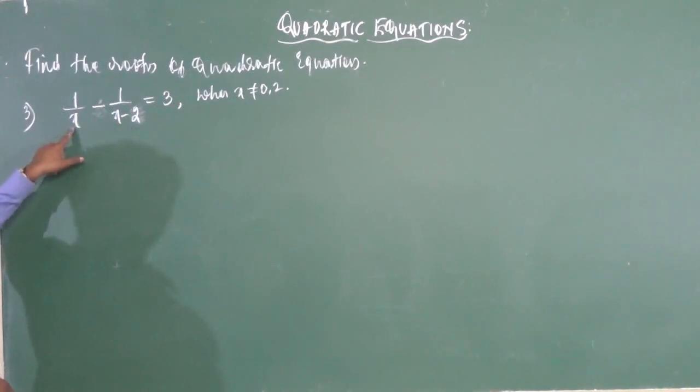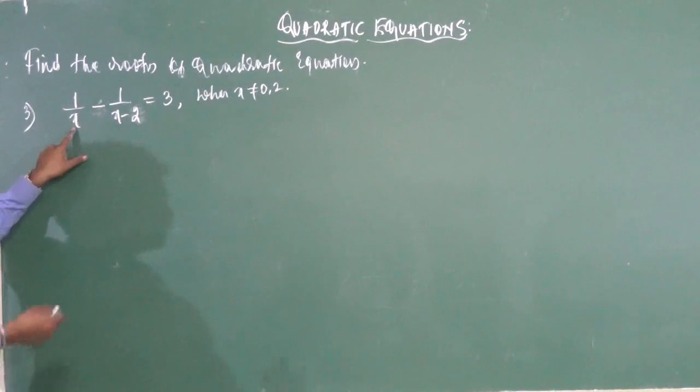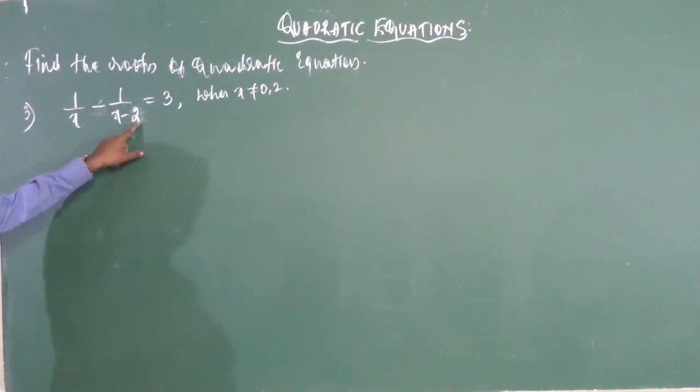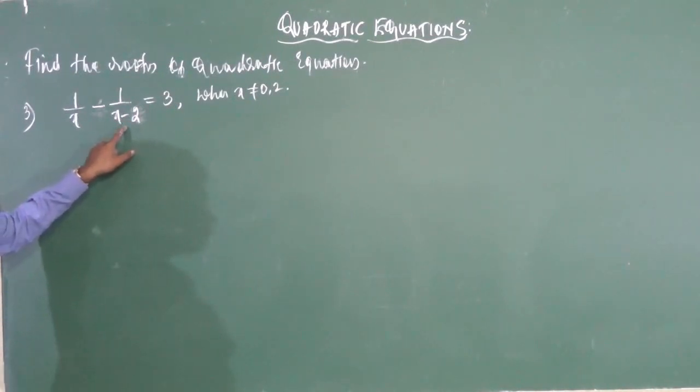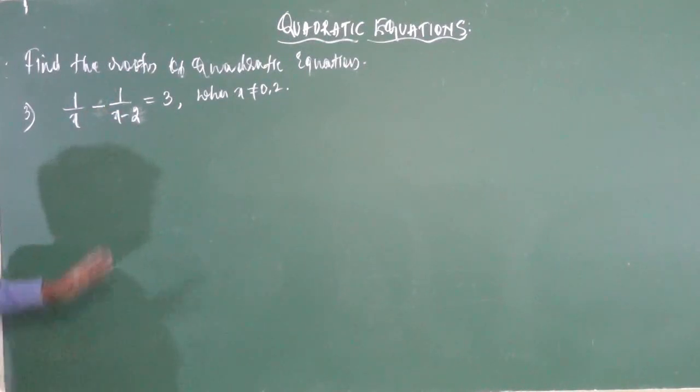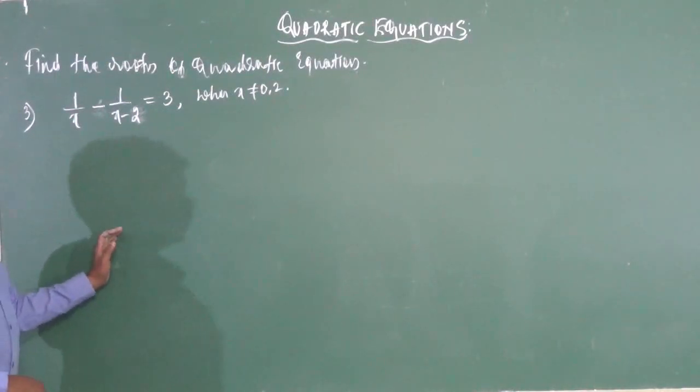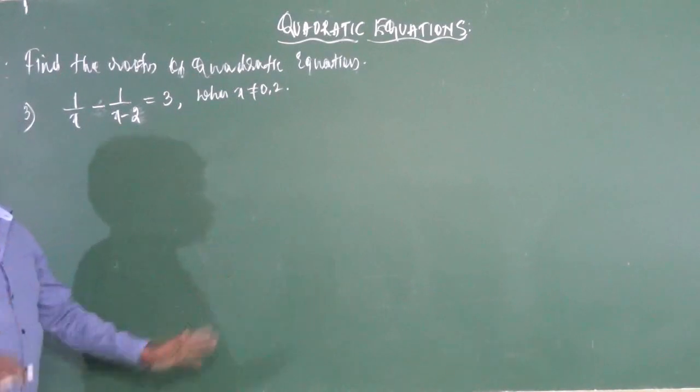If x is equal to 0, then 1 by 0 is not defined. When x is equal to 2, x minus 2 becomes 0, and again it becomes 1 by 0, which is not defined. So therefore he has put up a condition where x is not equal to 0 and 2. If you get the x value as 0 or 2, it is absolutely wrong.